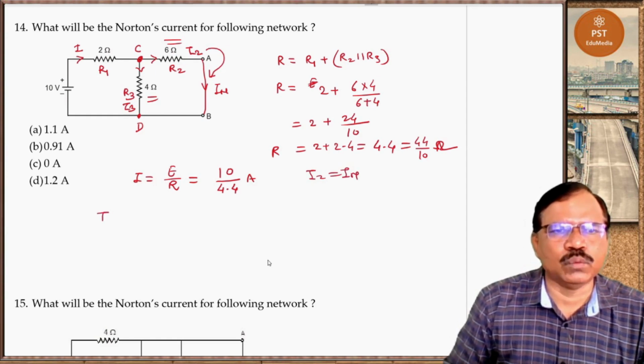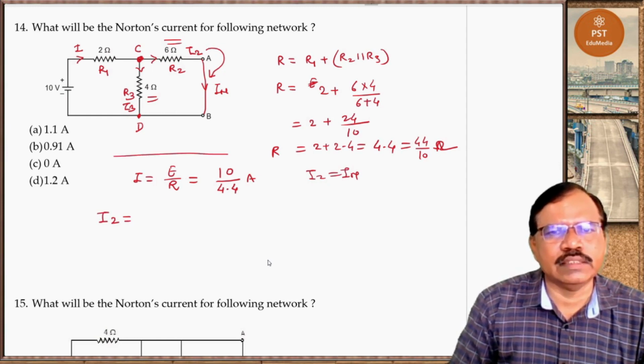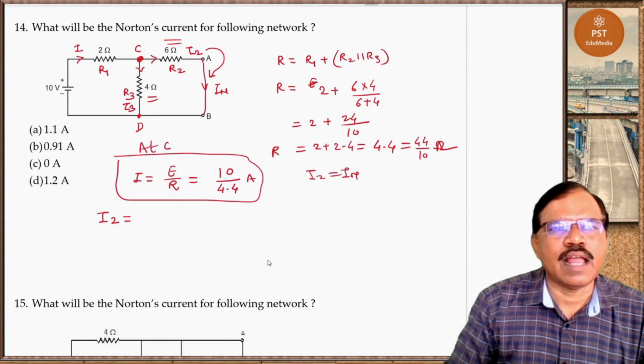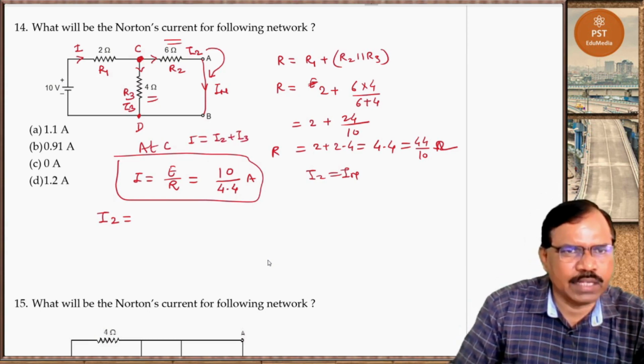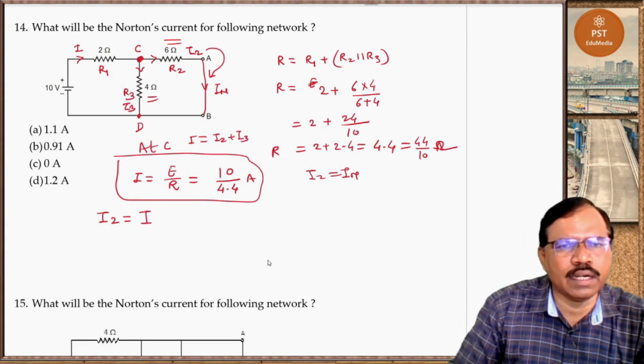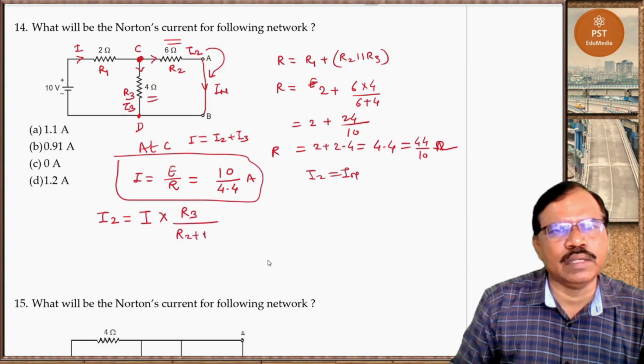So what is I2? It is a parallel combination at point C. The total current is this, at C, and I is equal to I2 plus I3. So when we want to find I2, use total current into R3 upon R2 plus R3.